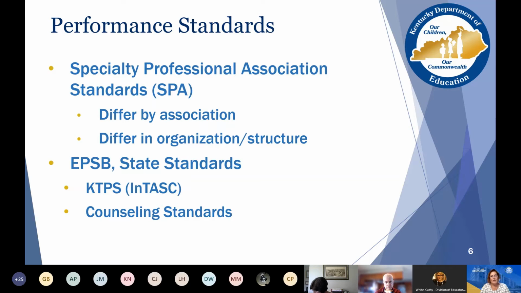These standards are developed by the national associations for the most part. The specialty standards or the SPA standards are the guidance documents for the knowledge and skills to be demonstrated in each of the content program areas.